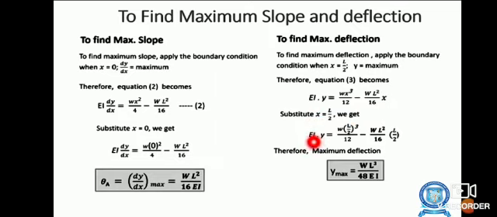We get EI y is equal to W into L by 2 whole power cube divided by 12 minus WL square divided by 16 into L by 2. Therefore, the maximum deflection y max equal to WL cube divided by 48 EI.